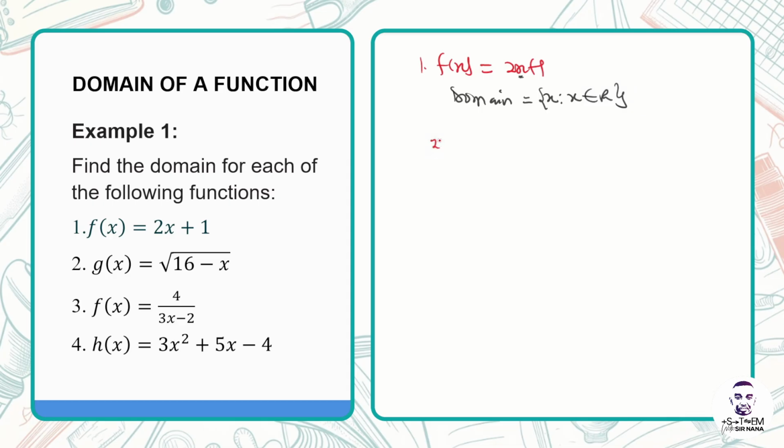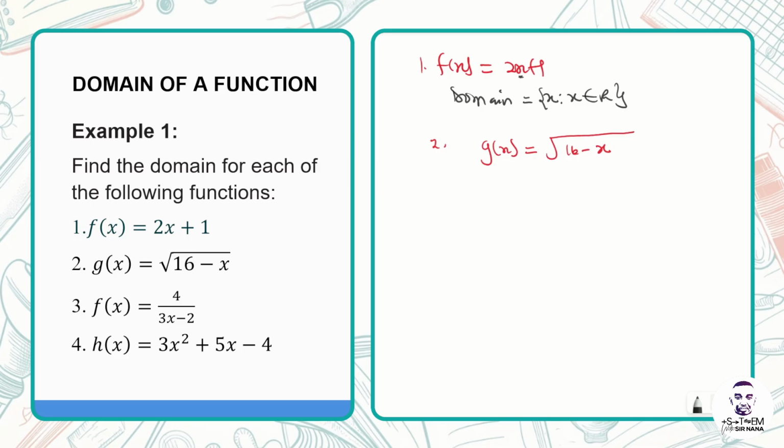Now with the second question, we have been provided with a radical function, and the function is g of x, and it is equal to the square root of 16 minus x. So what we need to see is that we can use inspection.